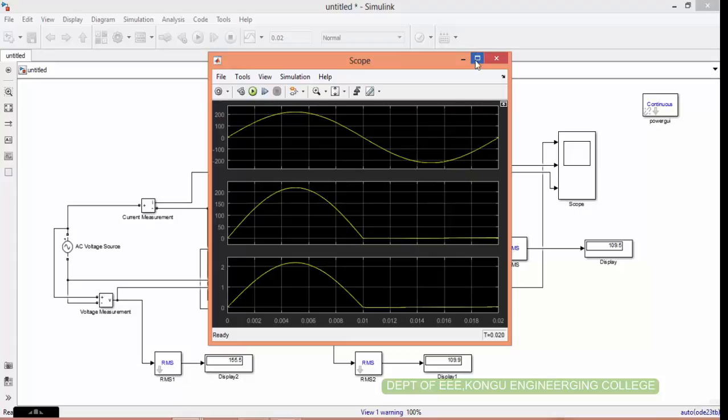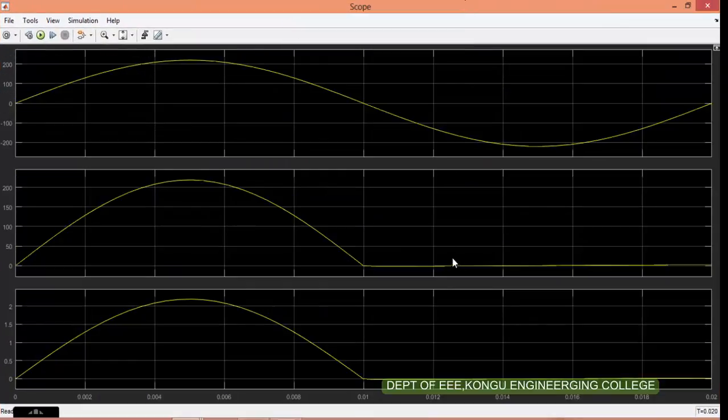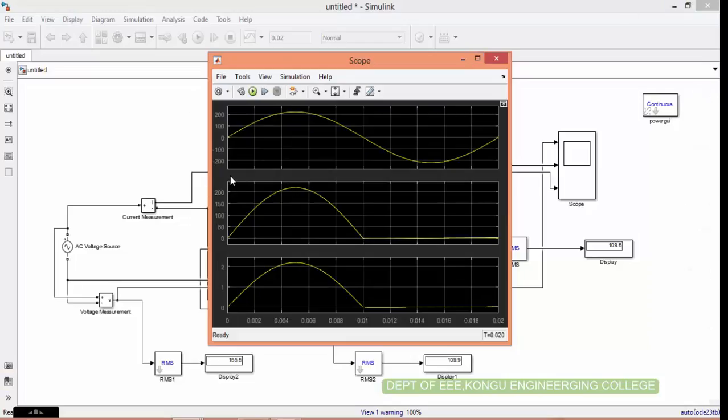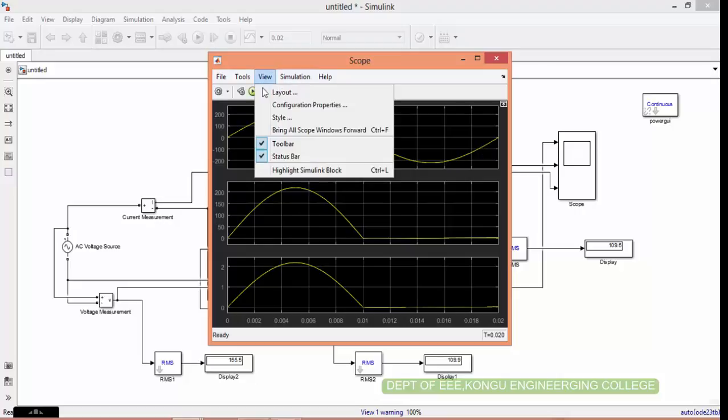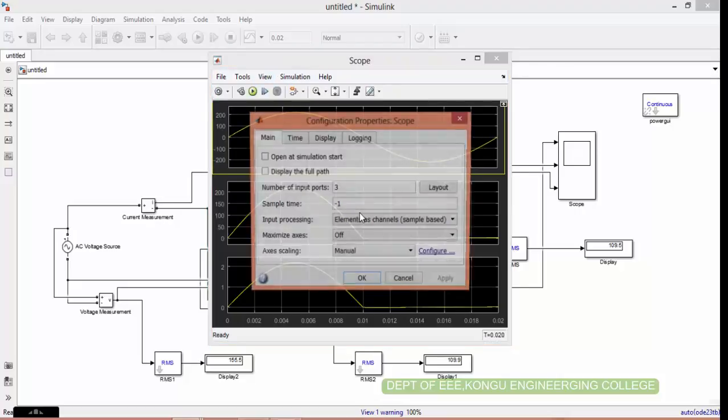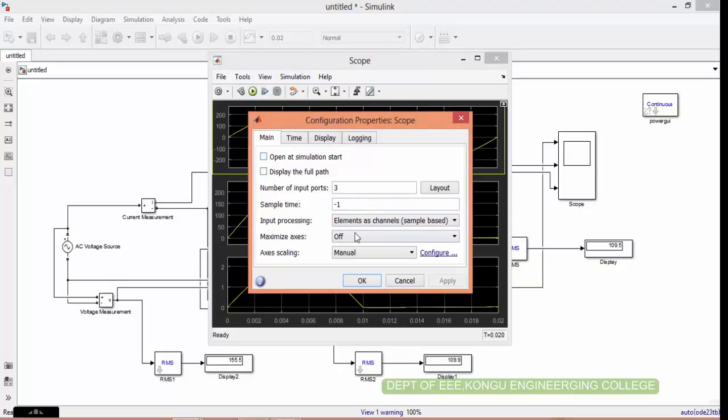Now you can see that this is for a single cycle. One cycle comprises one positive cycle and one negative cycle. Now let us go to view, go to configure parameters.